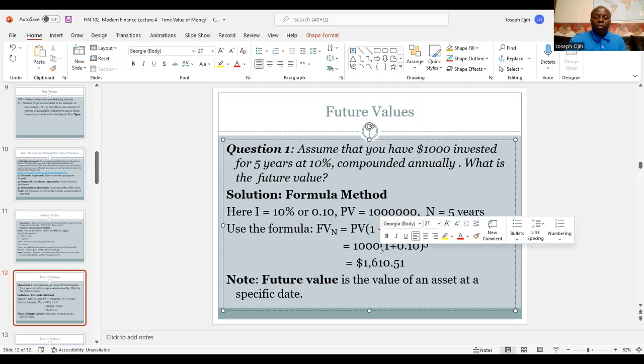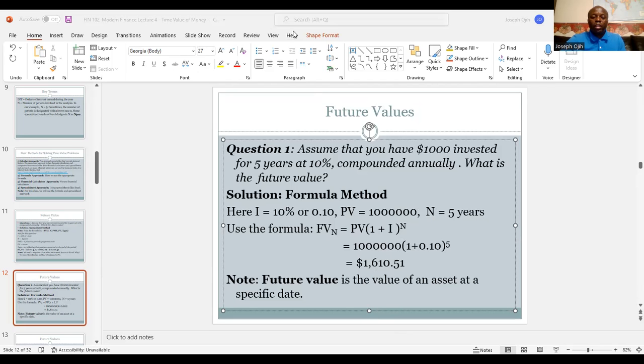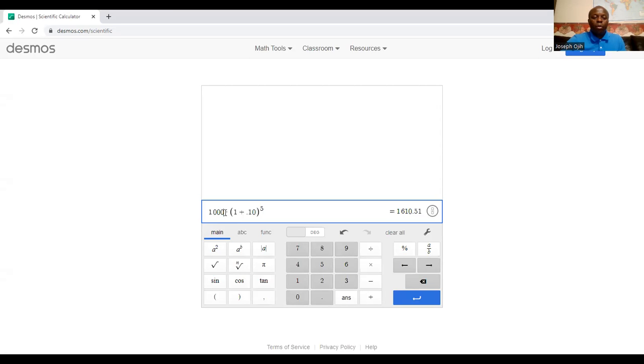Then in the calculator you make it $1 million, not $1,000. That will give you $1,610,510.